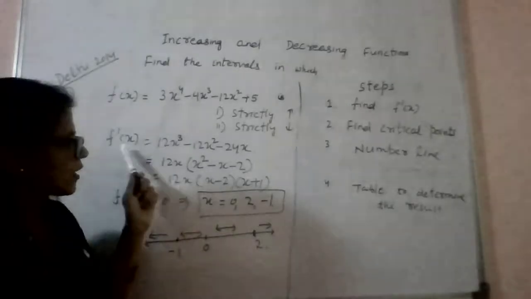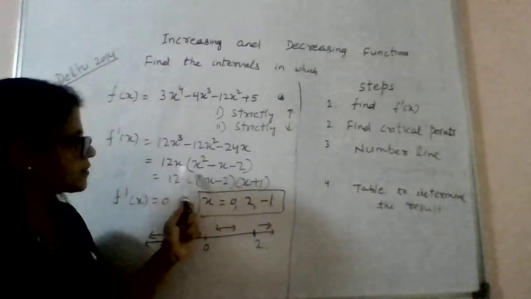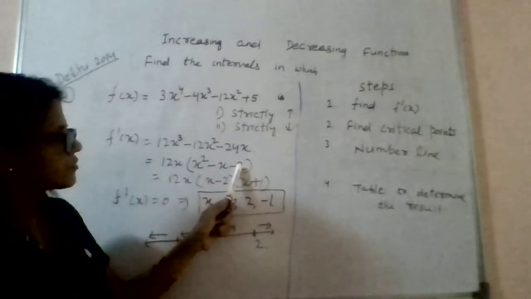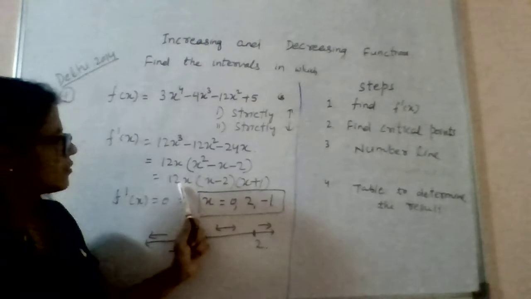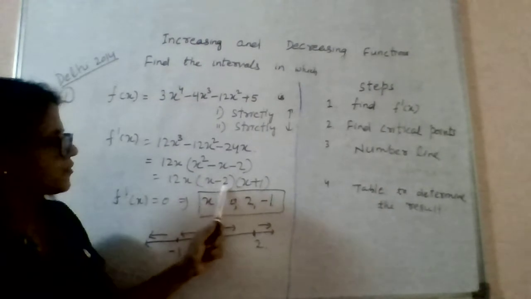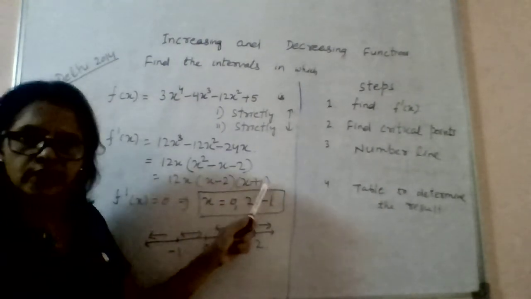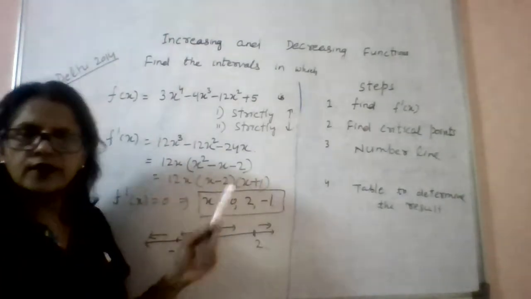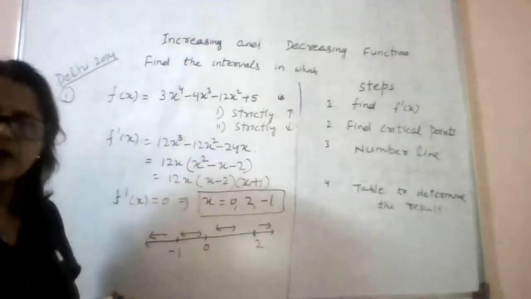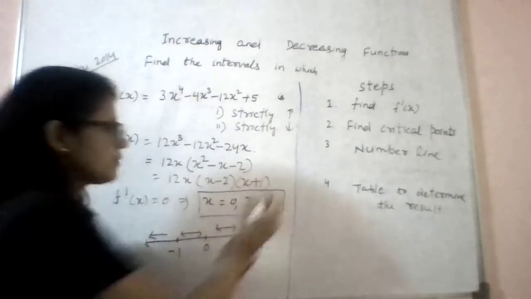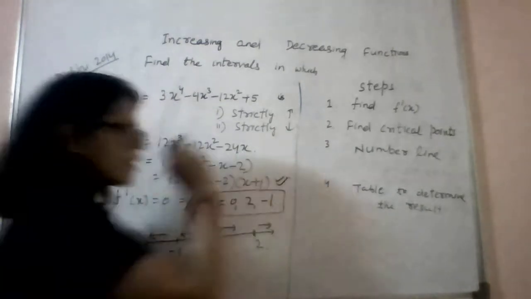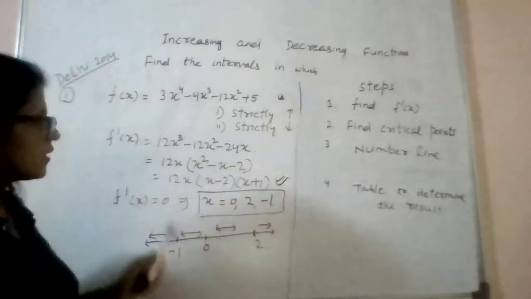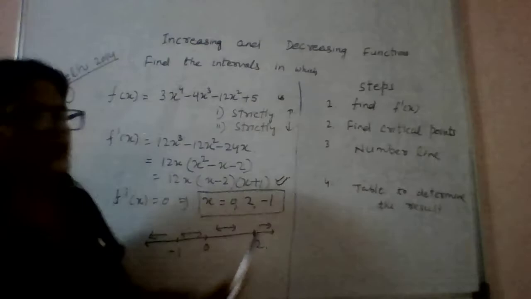So we get f dash x equals 12x into x square minus x minus 2, which is 12x into x minus 2 into x plus 1. While getting f dash x, before you get critical points, in case of polynomial functions, if possible, you have to factorize like this, and write it as a product of 2 or 3 factors.